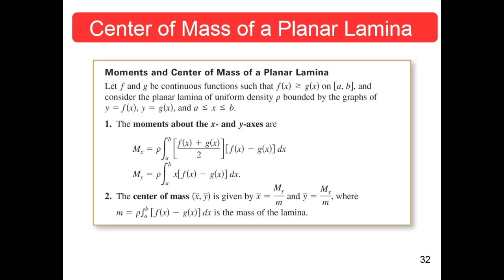The other one's a little more complicated because you don't have the x there, you have this as the distance. This times that, that's your mass. So these are the type of formulas you'll run into.